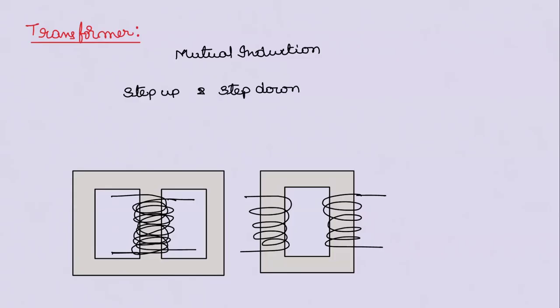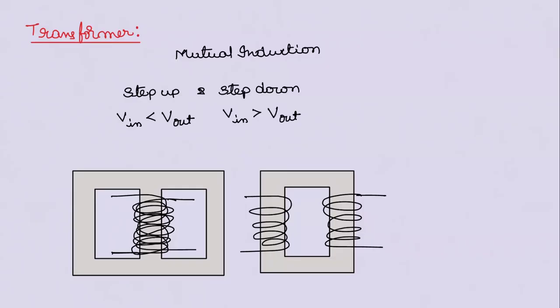Generally, if the input voltage is less than the output voltage, then it is step up. The other way around is nothing but step down. That is step down. Right?